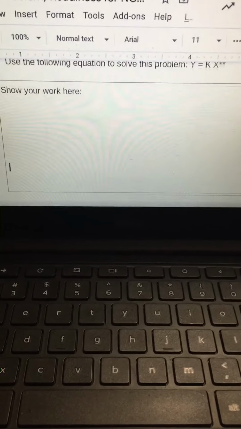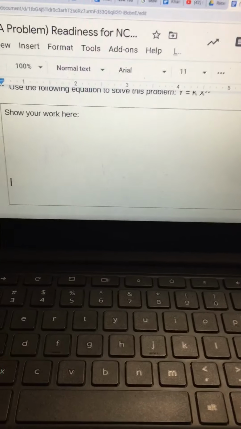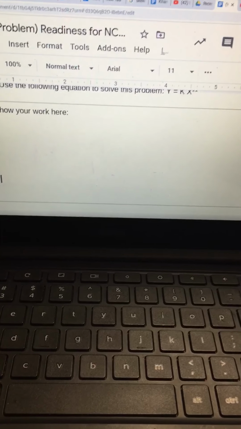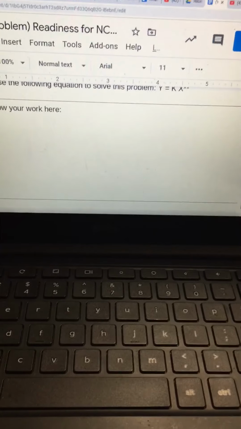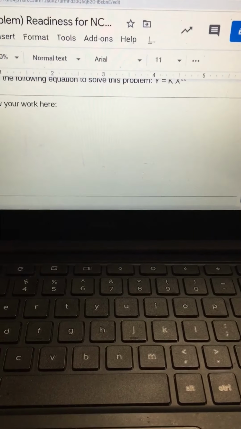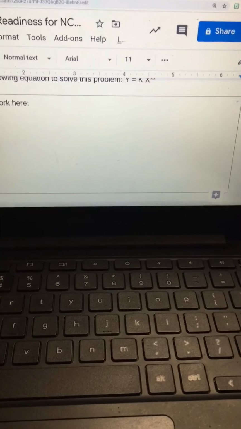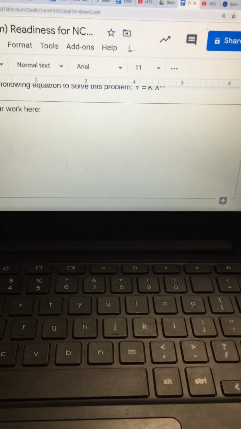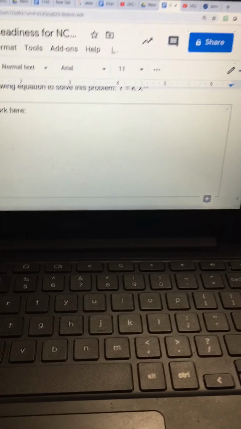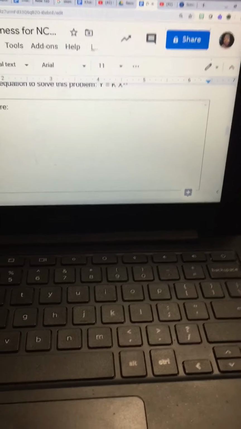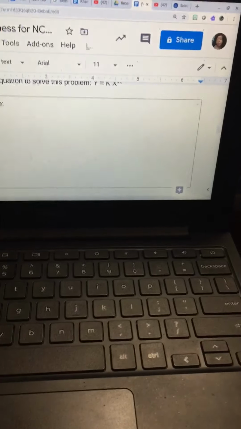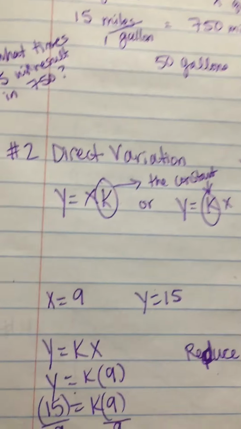So, what is direct variation? Direct variation is just a relationship that is directly proportional. When y is this, x will be this. And there's a factor that will help you figure out that relationship, and that is the constant. So the k is the constant. So let me show you what I wrote down here.